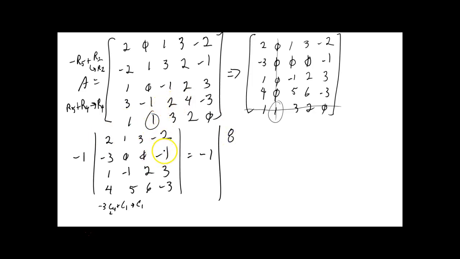Okay, next, minus 3 times minus 1 is plus 3 minus 3 is 0. That's exactly what we wanted. Minus 3 times 3 is negative 9, plus 1 is negative 8. And minus 3 times minus 3 is positive 9 plus 4 is 13.